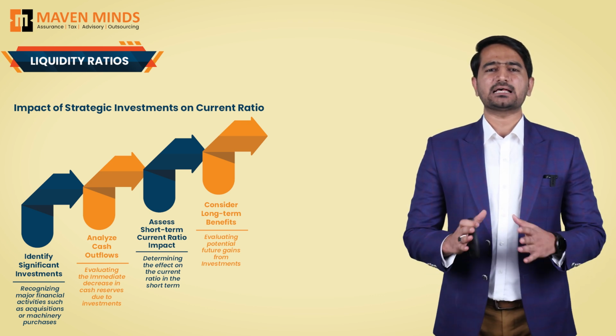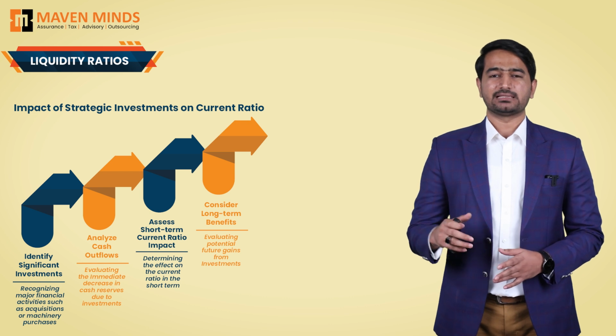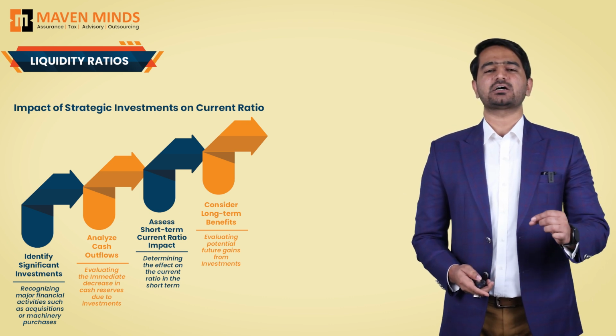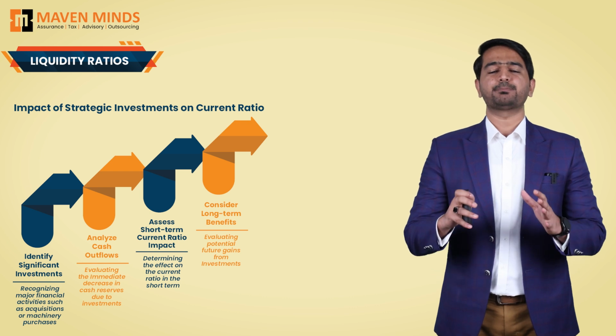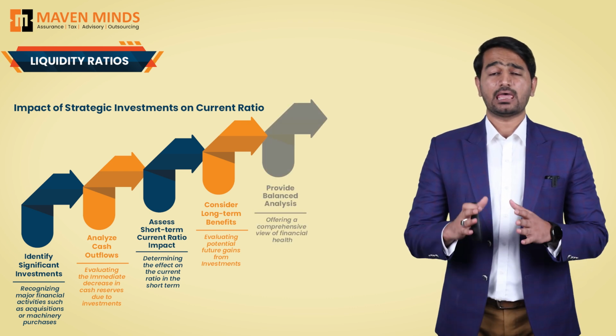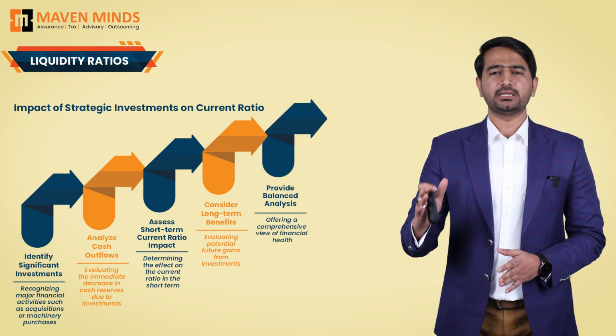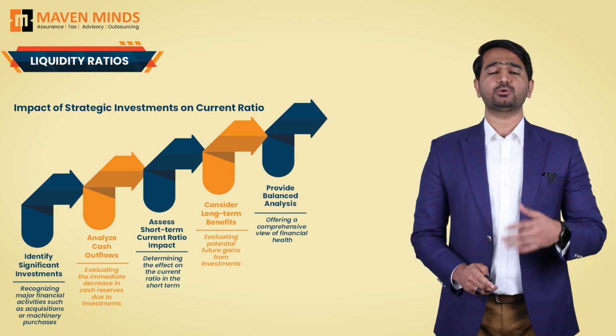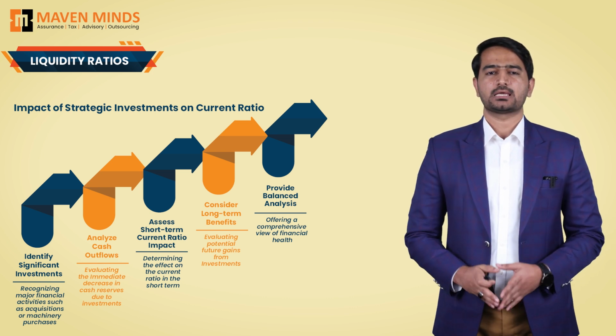Whenever you identify a significant business decision like an investment or acquisition, discuss how this affects the current ratio and the broader financial health. Acknowledge both the immediate financial impact and the potential long-term benefit to provide a balanced view.